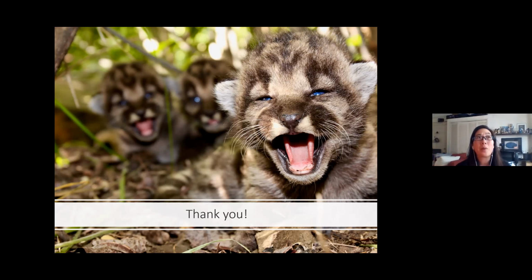But I know that in Tilden, out in Berkeley, there are a lot of newts that migrate in one specific area, and so they actually close the road from November to March, so that people hopefully don't hit them, at least on that segment of the road. It causes a little bit of inconvenience for folks who live in the area, but they've been doing that for years, and so that's really helped the population.